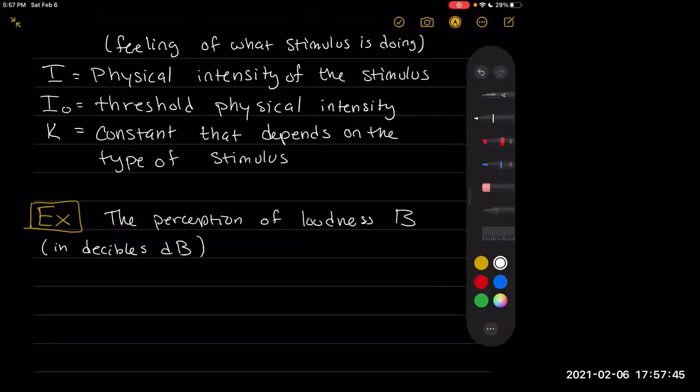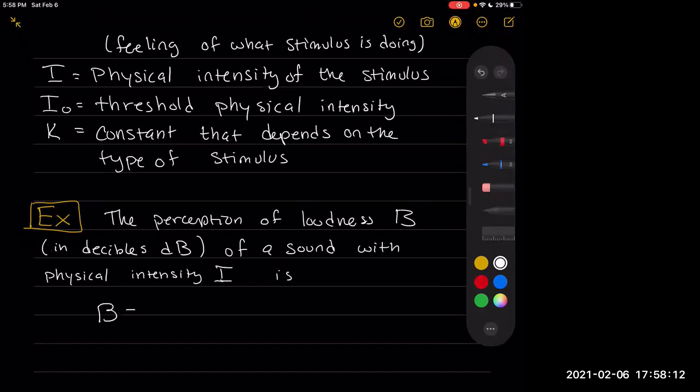Okay, so the perception of loudness of a sound with physical intensity I is given by the following formula.